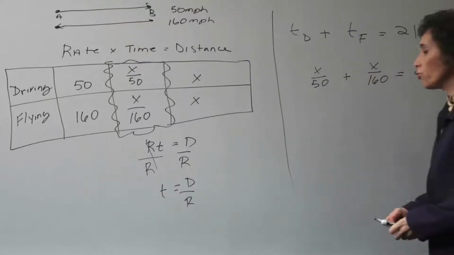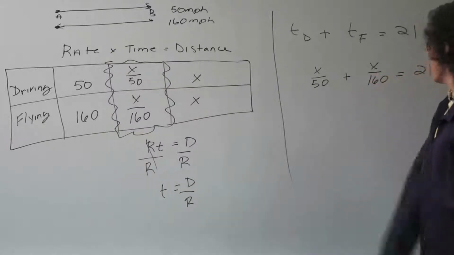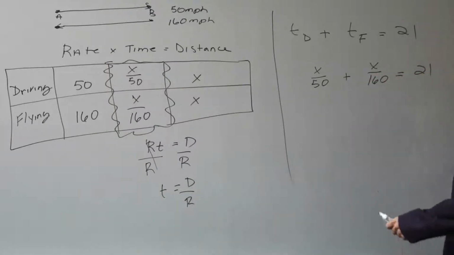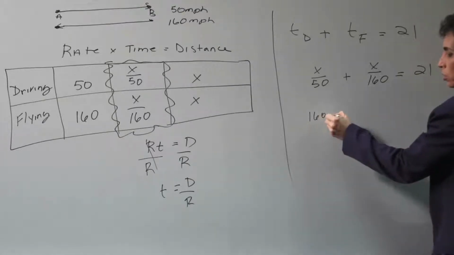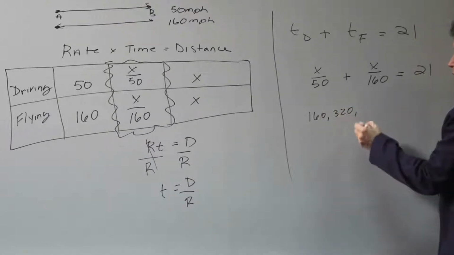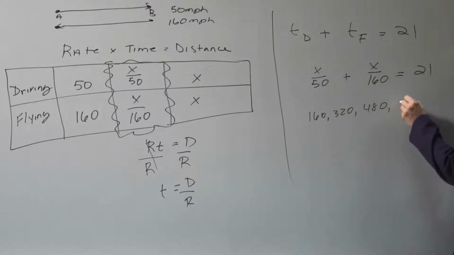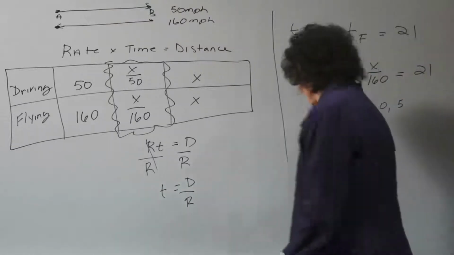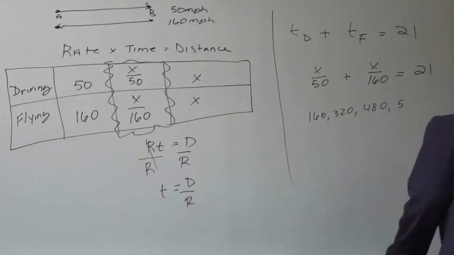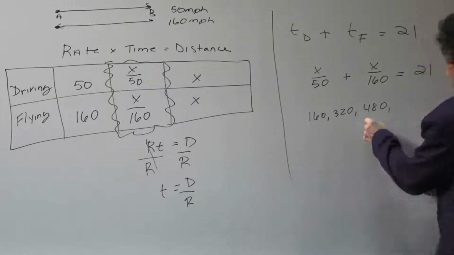Now this is going to be interesting because now I need a common denominator for 160 and 50. Oh, that's going to be fun. I'm going to take multiples of 160. 160, 320, 480, not yet, huh? 640, not yet, another 160. This is going to be a bear.